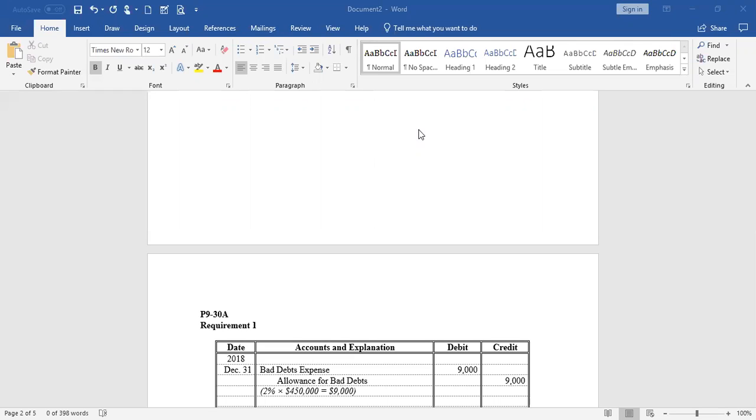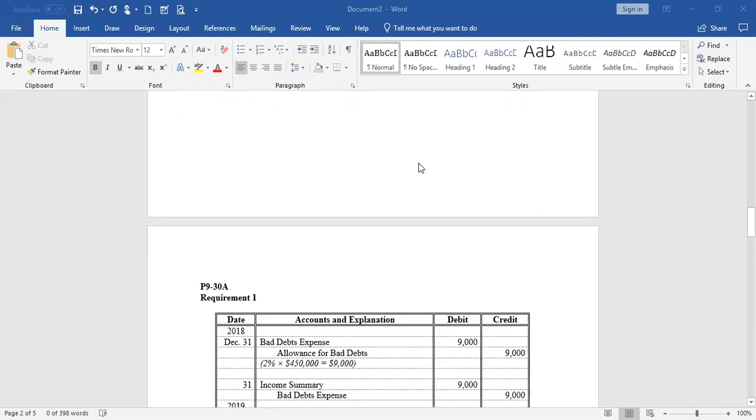So let's take 2% of this year's credit sales and record them as bad debt expense this year, increasing bad debt expense and storing the estimate in a contra account to accounts receivable called the allowance for bad debts. So we store the estimate in there until the account actually becomes bad, or an account does.